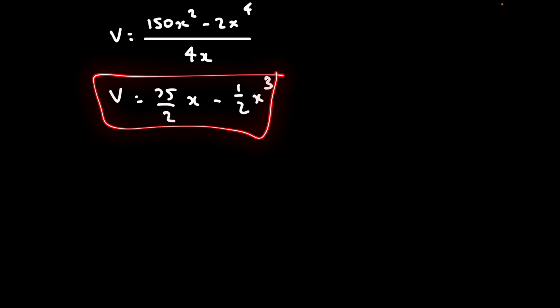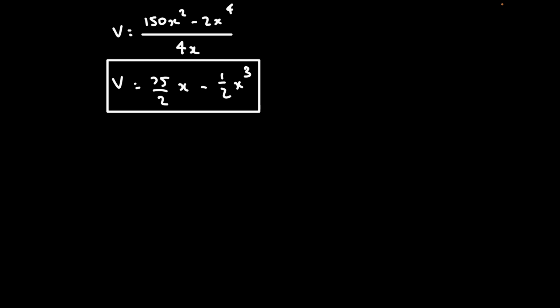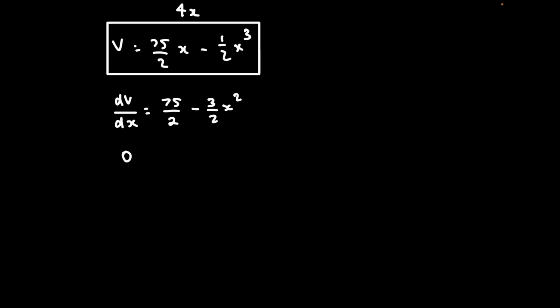So now we have one nice equation in terms of the variable x. So let us now differentiate. dV on dx, so the derivative of our volume with respect to the variable x, is equal to 75 over 2 minus 3 on 2 x squared. So now if we solve this for 0, again, we want to find out when the stationary points are occurring for this equation.